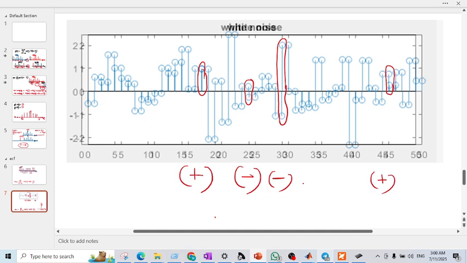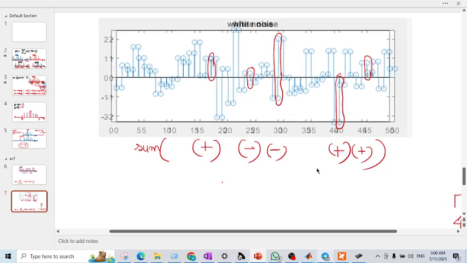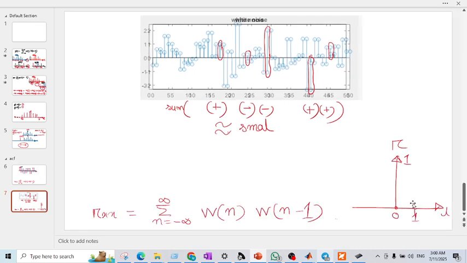Is there any where both are negative? Yes, here both signals are negative, so you get positive, because multiplying negative and negative gives positive. Then if you sum all the values, some are positive and some are negative, so they cancel out and you get a very small value. That's why you get such a small value here.